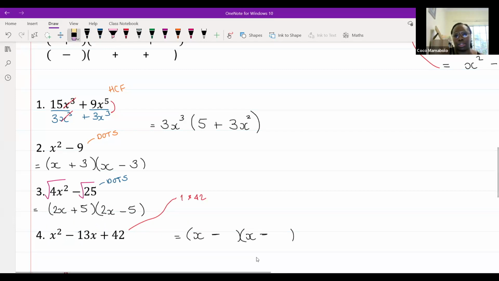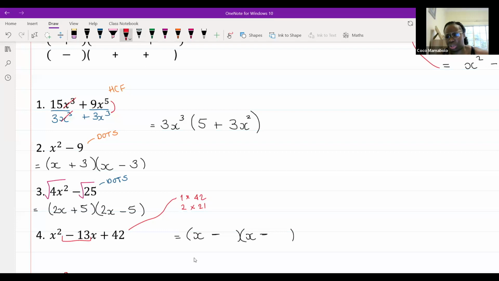What times what equals 42? They can be 21 times 2. Good, 2 times 21. But we know that there's no way for us to add them together to give us 13, right? Yes, ma'am. That's not going to work.